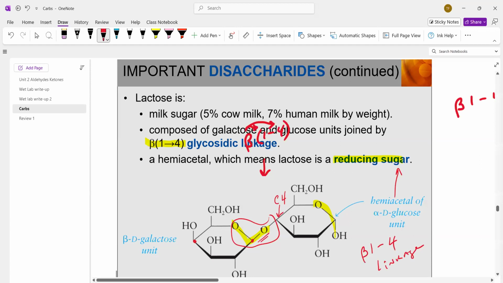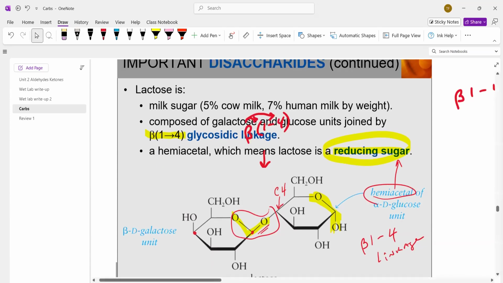Secondly, you've got the second monomer, the one on the right, which is glucose. It is a hemiacetal, this guy here. Okay, and if there's a hemiacetal present, that means it is a reducing sugar. Okay, so you have linkage.